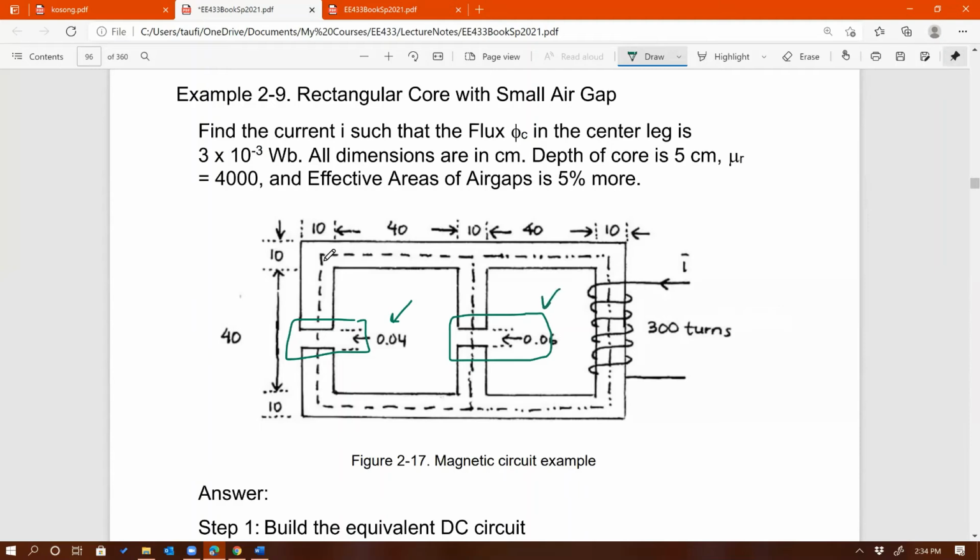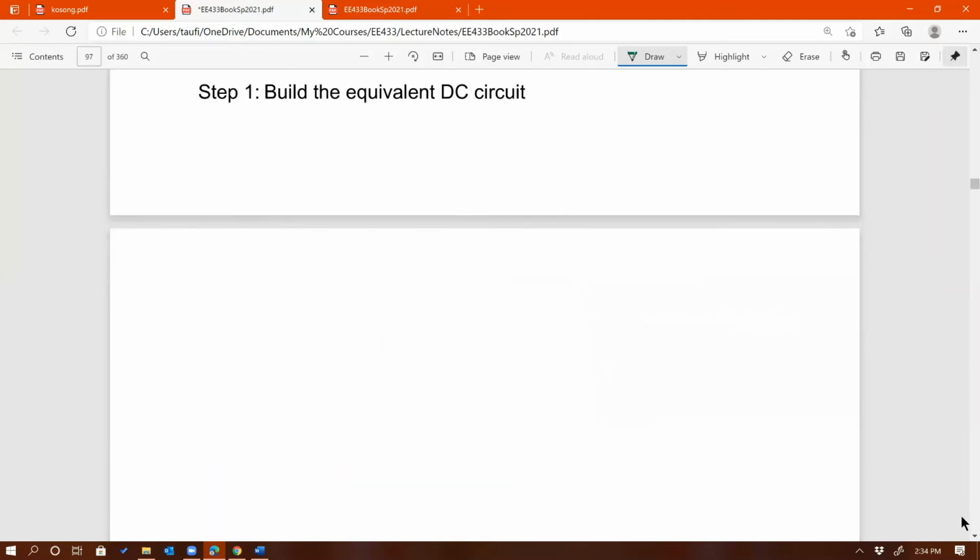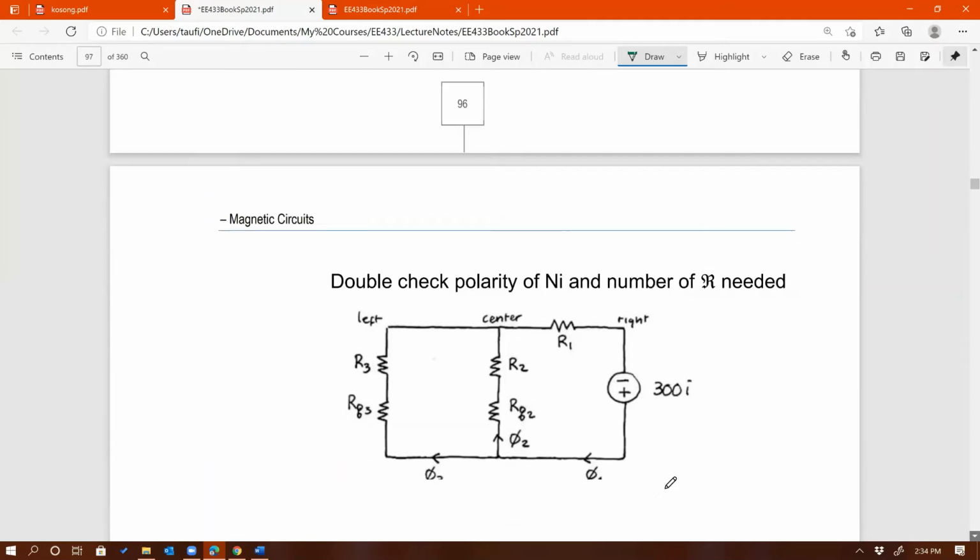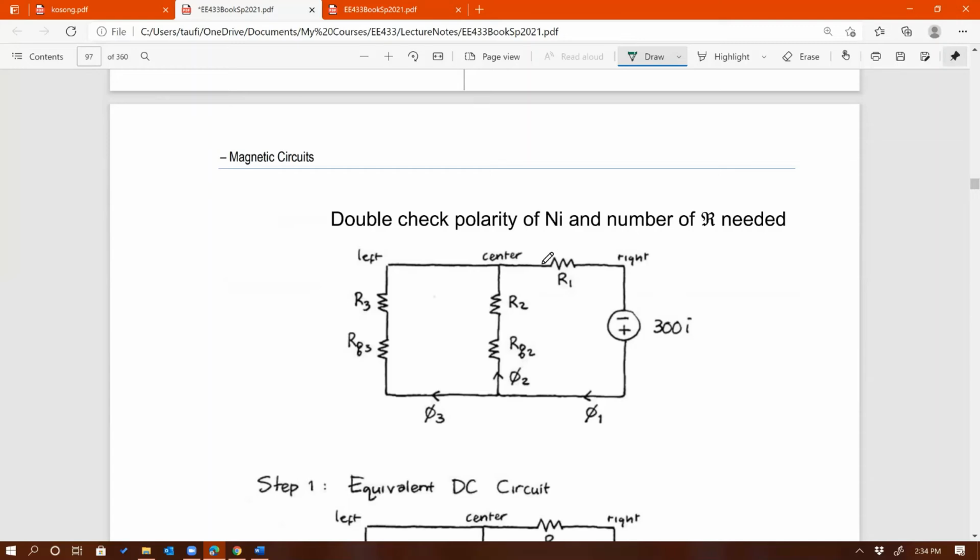Before you only had 3 segments, 1, 2, 3. Now you have air gaps, represented by their own reluctances right there.